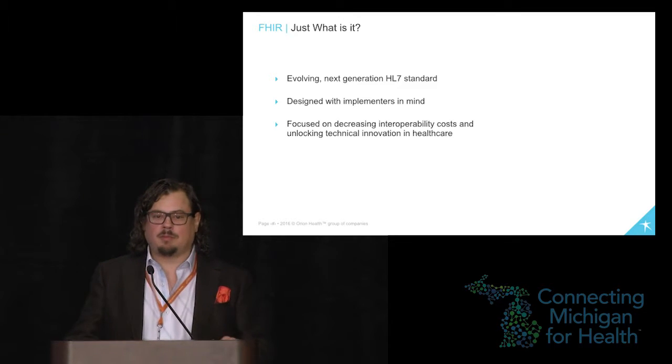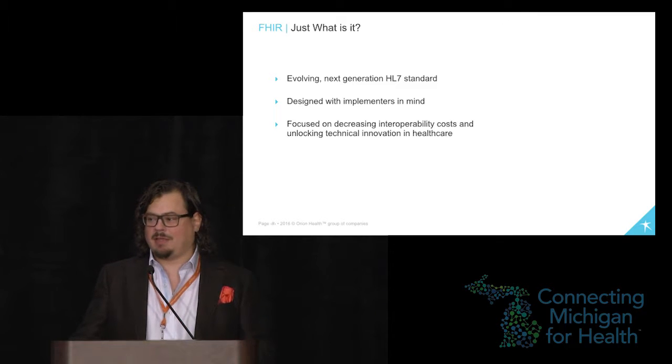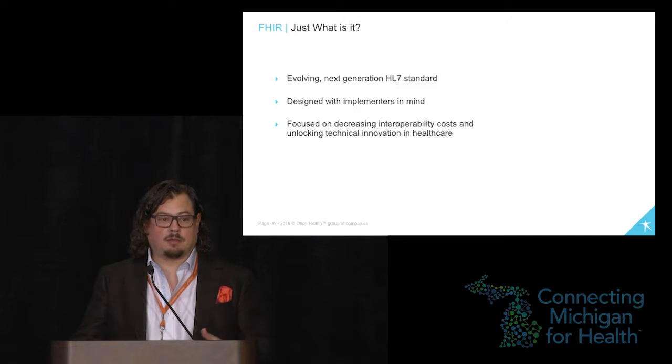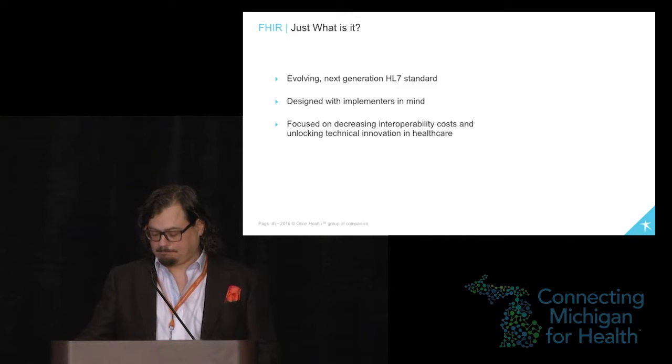And from the very beginning, the whole goal in creating this was to make it easier, less expensive, and more adoptable by implementers. So everything's been considering how hard it is to actually implement, and if it's harder, we're going to try and take an easier route.